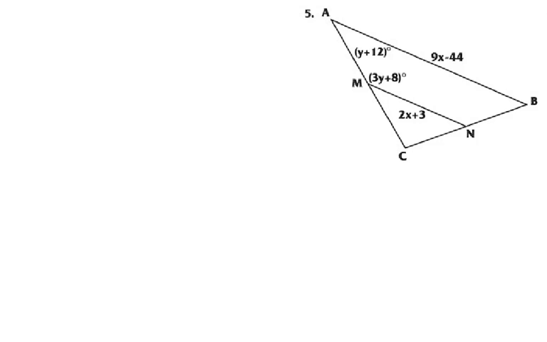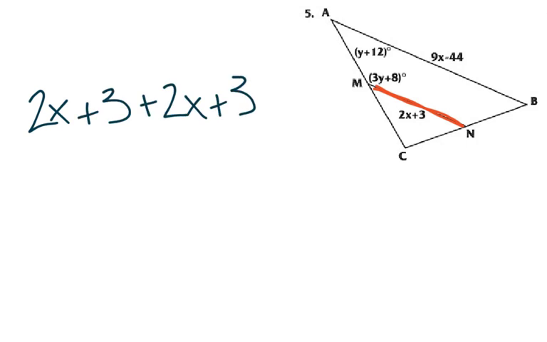The first thing that I would do is take care of the midsegment, because it's the easiest part. I know that 2x plus 3 is half of 9x minus 44. So 2 of these, 2x plus 3, equals 1 of the 9x minus 44.